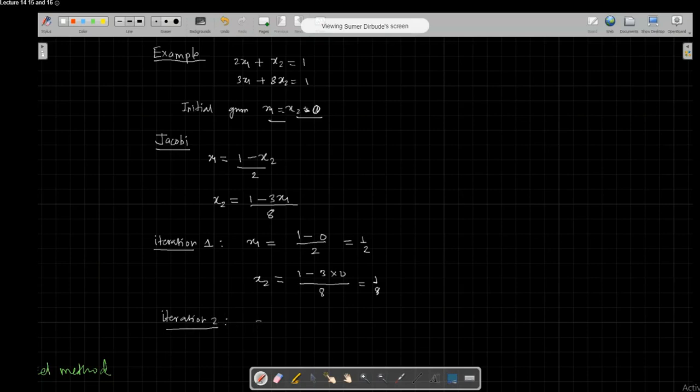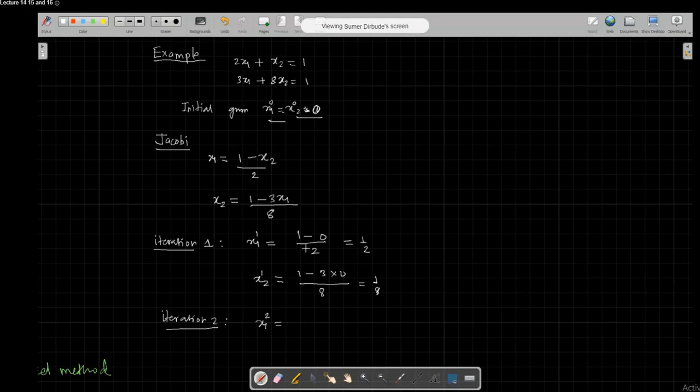In the second iteration, now I'll write it like this. Now here the iteration is looking like known and unknown, okay, isn't it? So here 1 means unknown and x1^0 means known. Guess values will be x1^0, x2^0, x3^0, like that you can write.